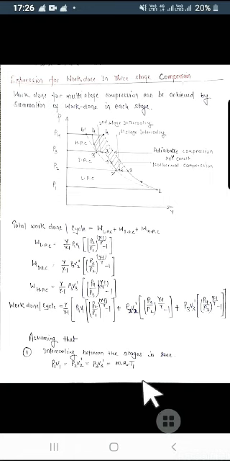So we can write, in place of P1 V1, P2 V2' and P3 V3', mRT1.